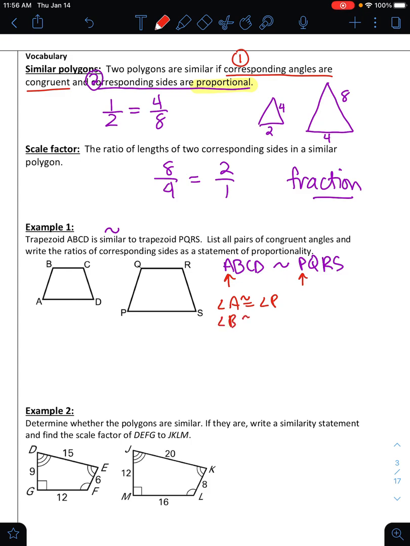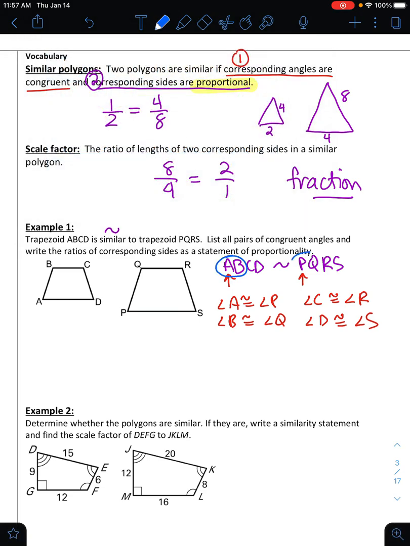So angle B is congruent to angle Q. Angle C is congruent to angle R, and then the last 2 letters, angle D, congruent to angle S. Now, I can do that because I know that the shapes are similar. So for the statement of proportionality, I'm just going to write the 4 sides in a ratio equal to each other. All right, so let's just start with, let me switch my colors here.